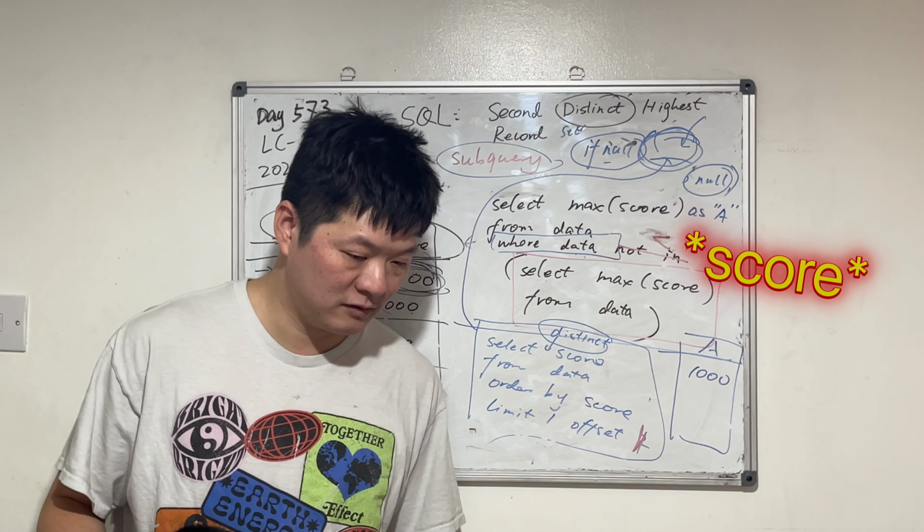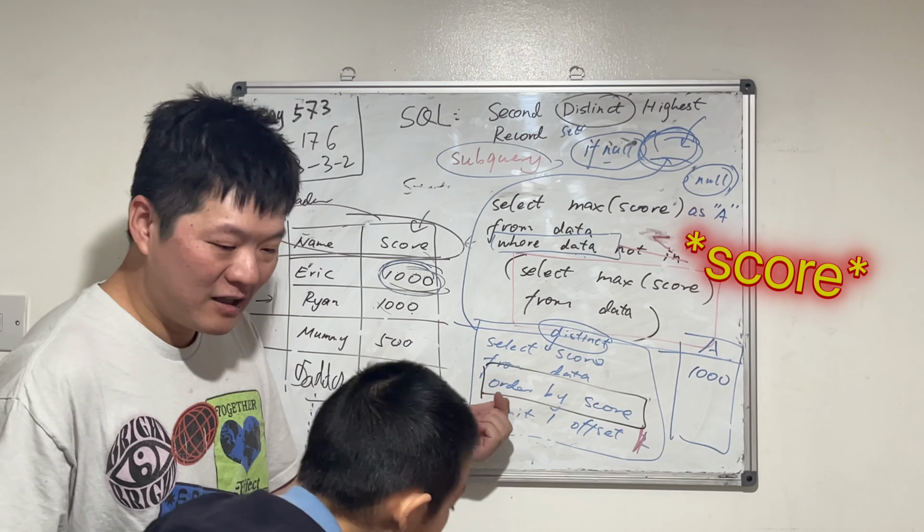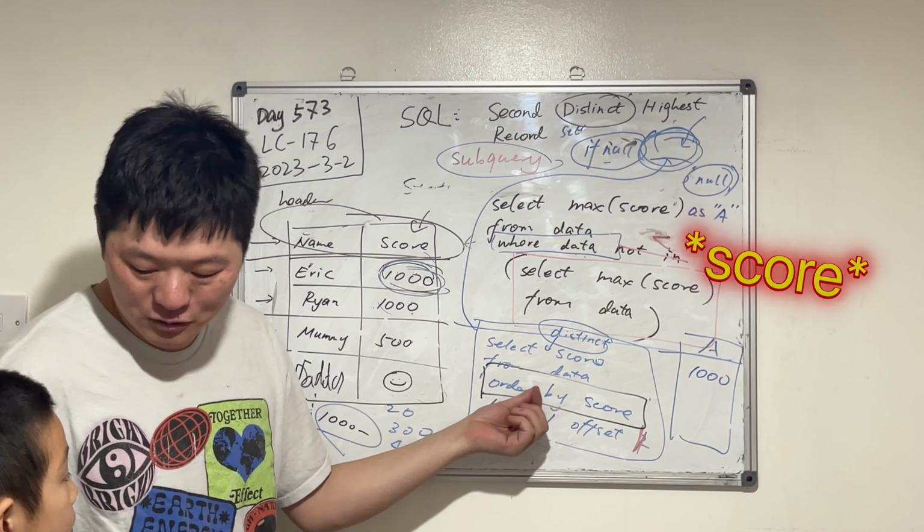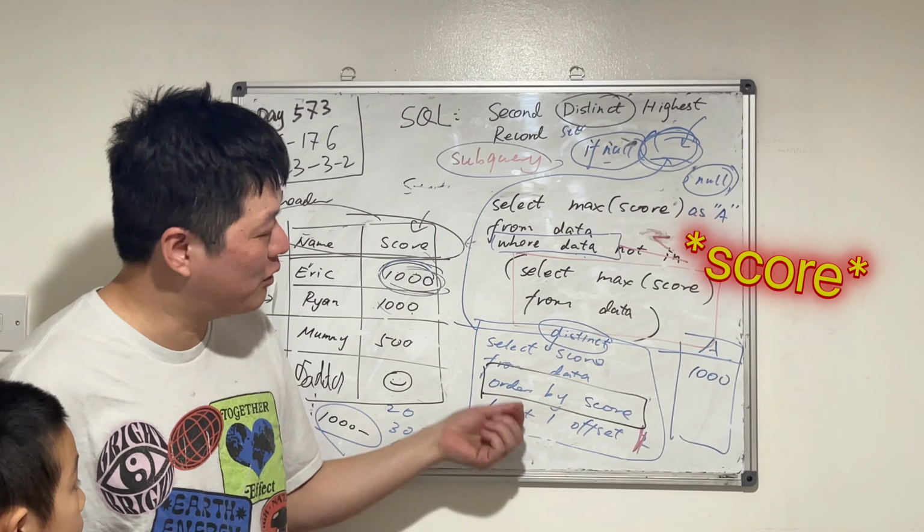The first way is the subquery. The second way is to sort, to order. Based on this, which one is more efficient? Finding the max is shorter, but the first one is better.